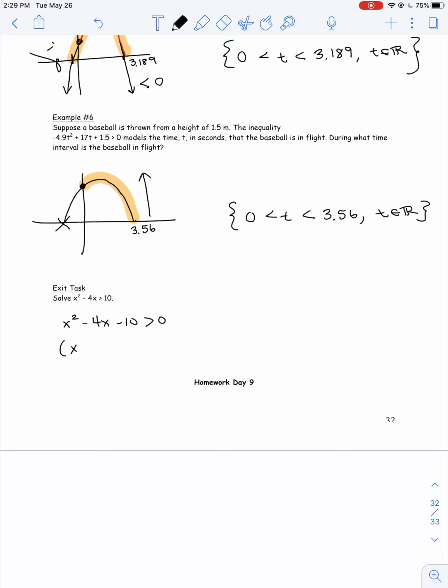So it doesn't seem like there's a nice value here when you try to solve for this. So I'm going to solve this one graphically. So I'm going to find my x-intercepts graphically.